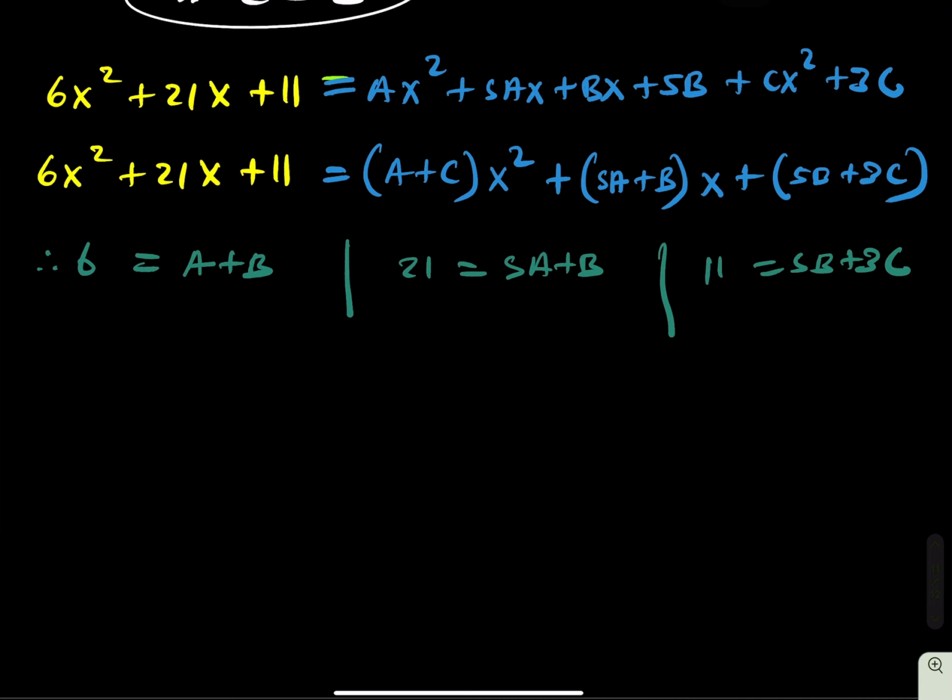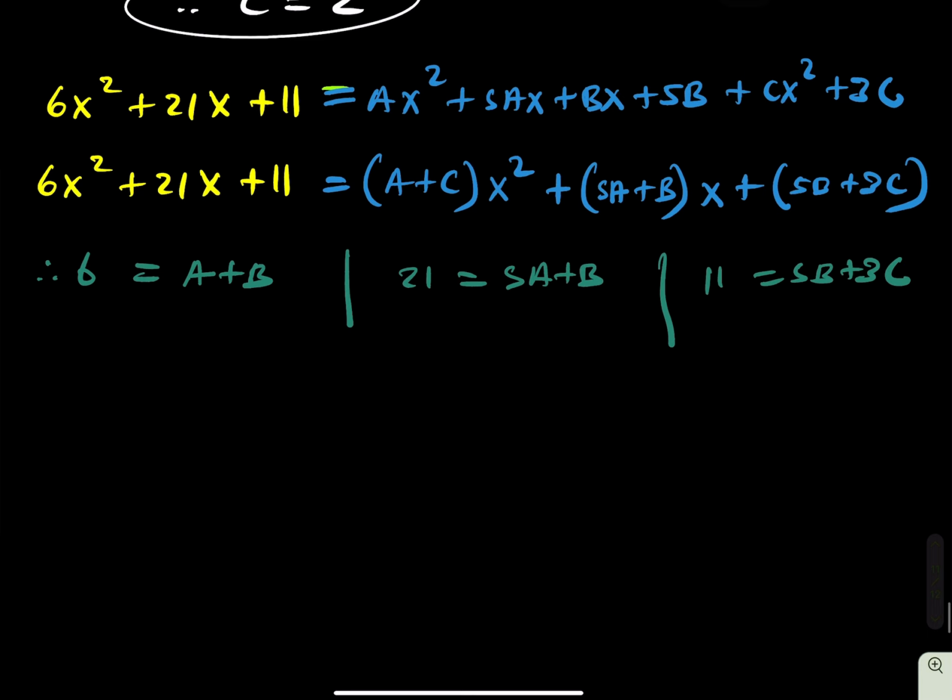So which one will you solve first? Let's solve for b because we have the value of c there. You can even solve these two simultaneously, the way I'm looking at it, but I'm going to solve for b first, because I have the value of c as 2. So I'm going to say that 11 equals 5b plus 3c, and c is 2.